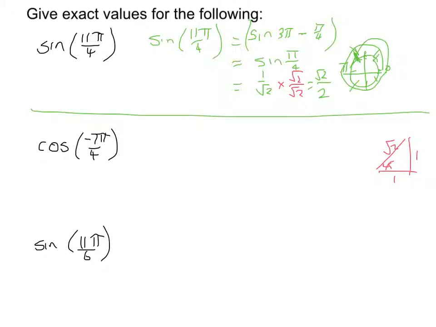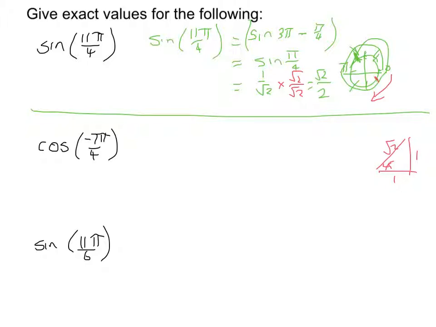Now the second one that we have here, cos of negative 7 pi on 4. Again, what we're going to need to do is to work out which quadrant we're operating in. So I can use the same unit circle I've got up here, but we're going in a negative direction, so I'm going to head around that way, counting quarters of pi.